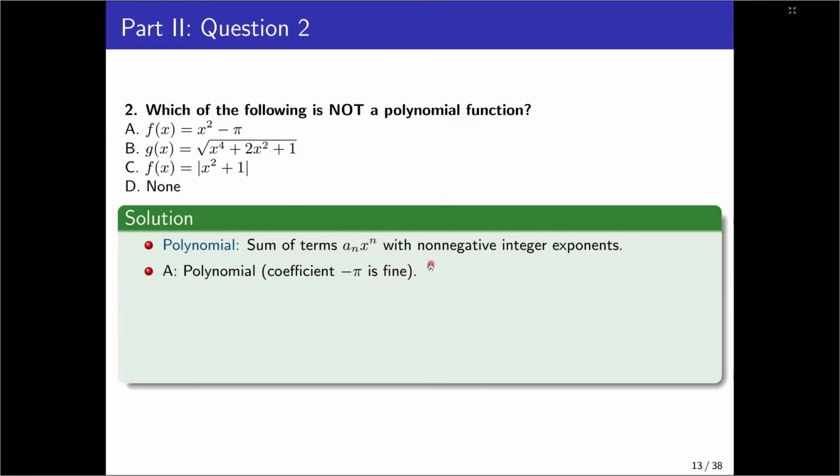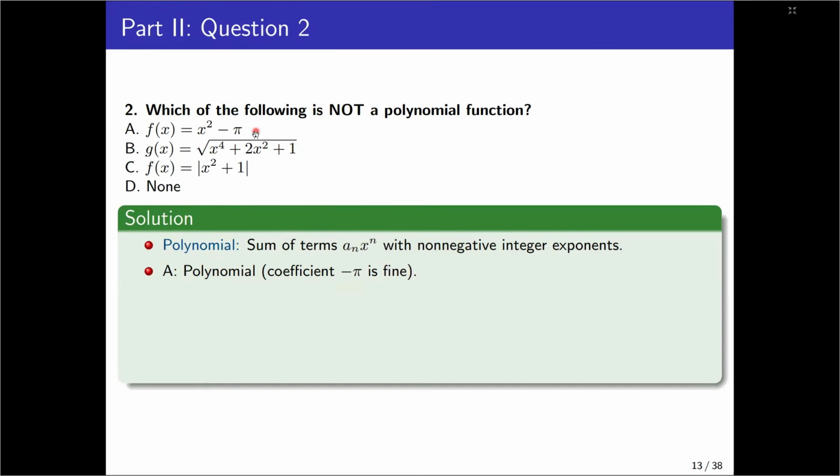For A, minus 5 minus pi is a constant term, the leading coefficient is 1, and the exponent is 2, so it satisfies the definition of a polynomial function. So, without any doubt, f of x equal to x squared minus 5 minus pi is a polynomial function, which is quadratic.